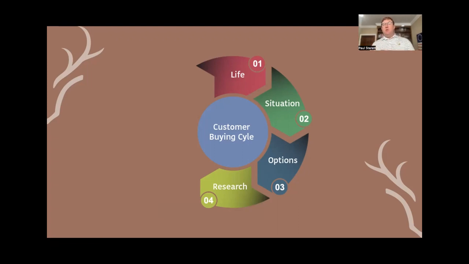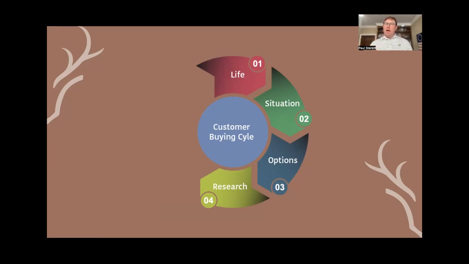So coming out of the situation stage, we move into options. At this moment in your customer's buying cycle, this is where they begin to review and select what they're going to do to satisfy the need that they had in the situation stage. As we move out of situation into options, they're really starting to view the landscape of what they can do to satisfy that need.